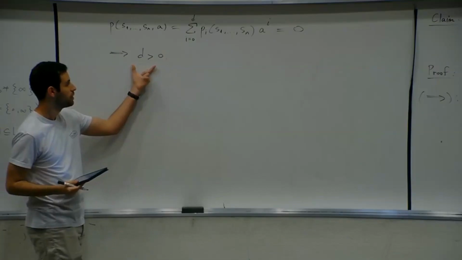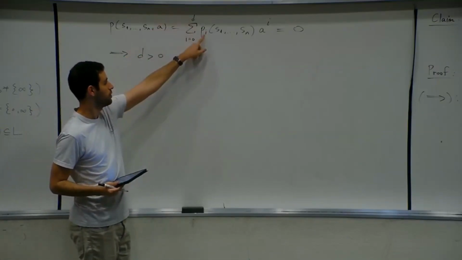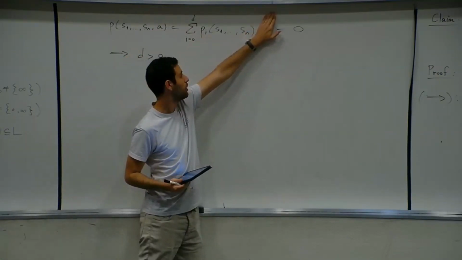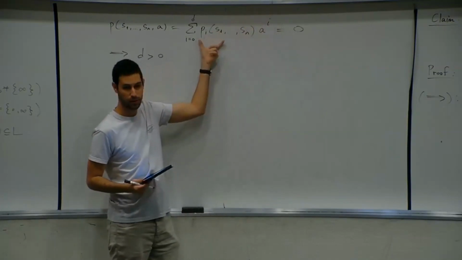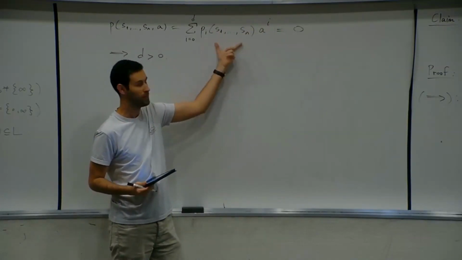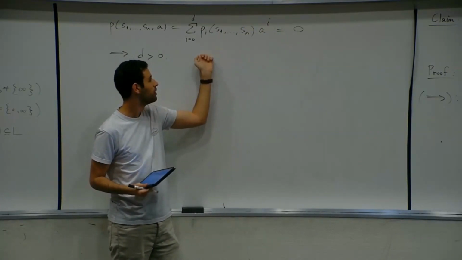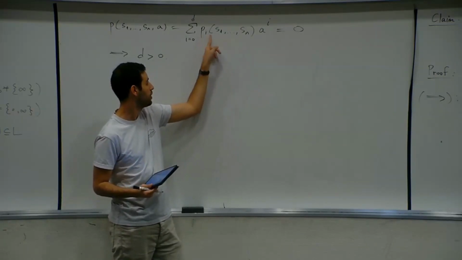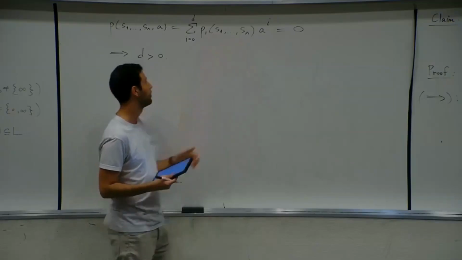Why? If d is 0, then there is only P0, and P0 is non-zero. What is the contradiction? Because S is algebraically independent, P0(s1,...,sn) cannot be 0.